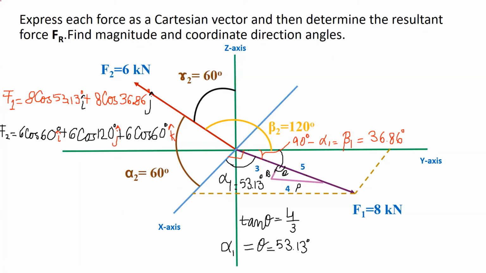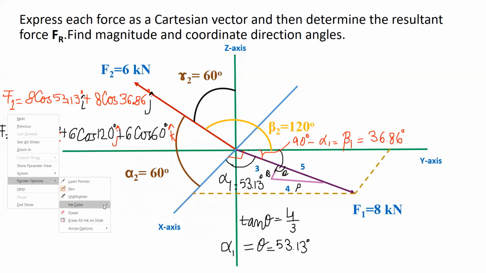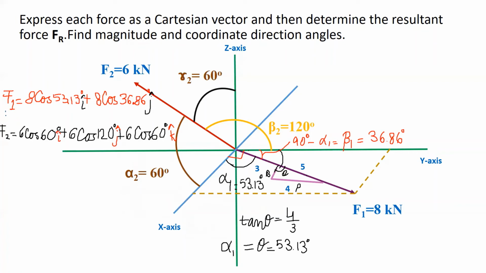Now when you get your answers, let me write them down here. Let me take another pointer color. F1 is coming out to be, when I multiply 8 cos 53.13, 4.8 i cap plus 6.39 j.